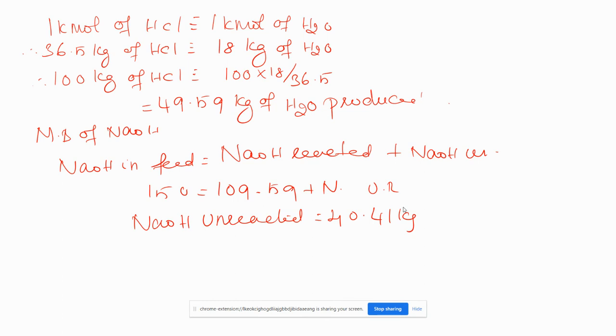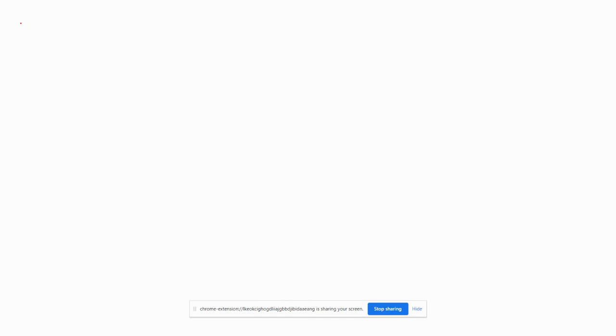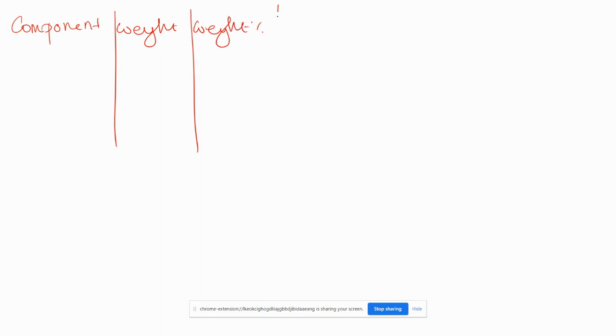Now we have found all the quantities. We have to find the weight percentage and mole percentage. So we will write the component, then weight, then weight percentage, since they have asked for both. Then next we write the molecular weight, then mole, and then we find the mole percentage.